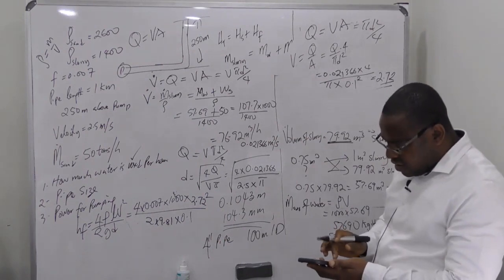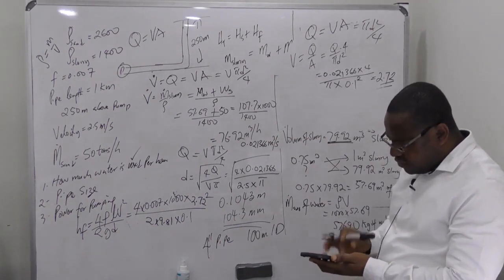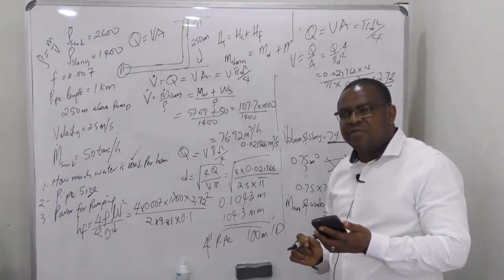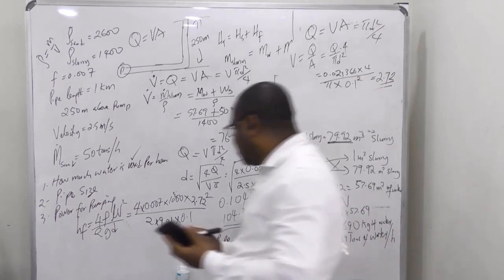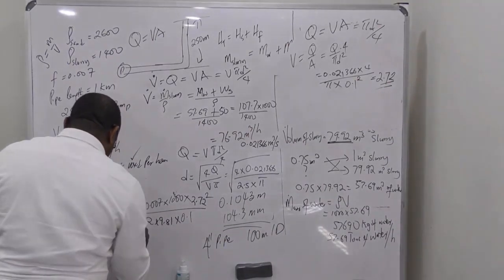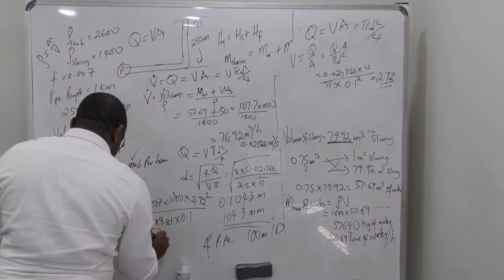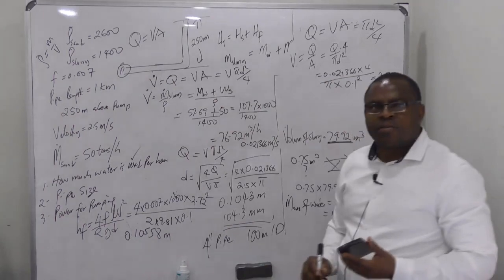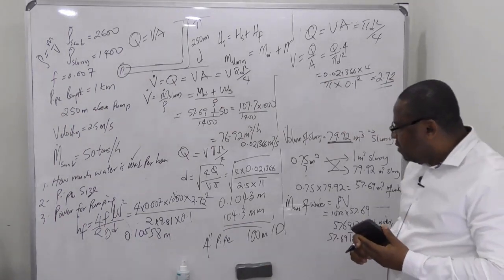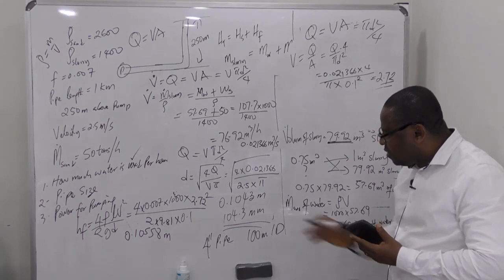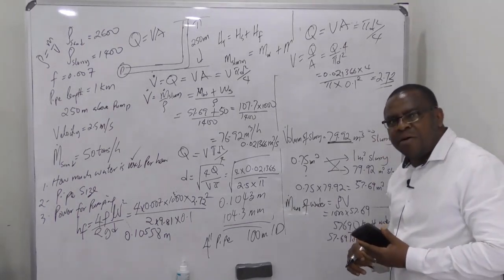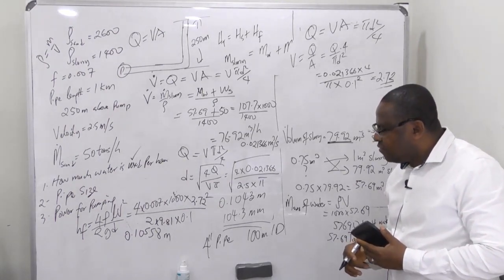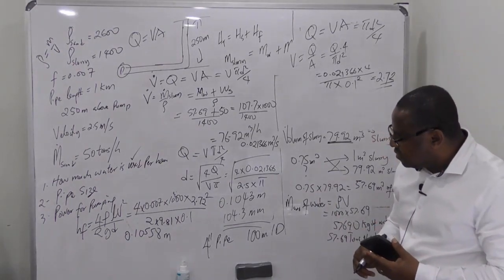Let's say times 2.72, yeah, 0.105558. I'm sure there must be something that I missed somewhere. It's supposed to be about 105.6 meters.